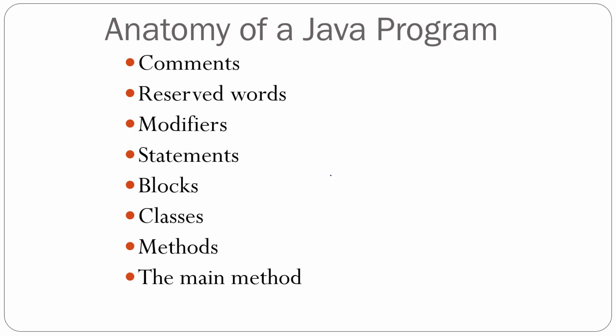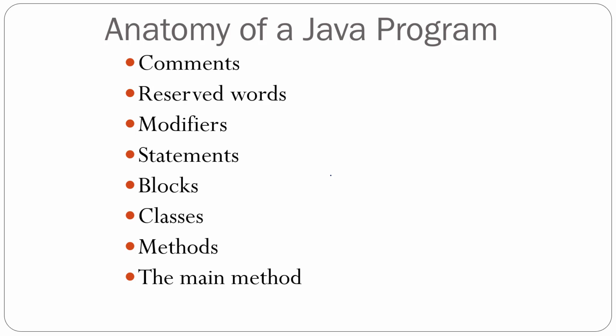Alright, so in a Java program we can write a lot of things. We have comments. The comments are there for the programmer or for other human beings to understand the logic behind the program. Comments are ignored by the compiler. Then reserved words.